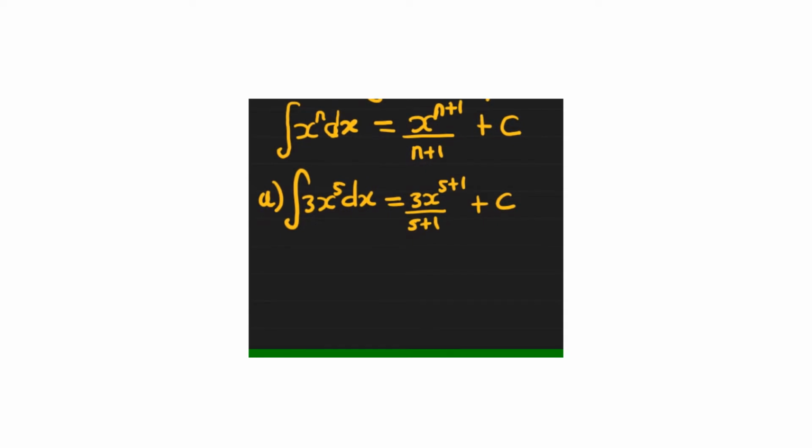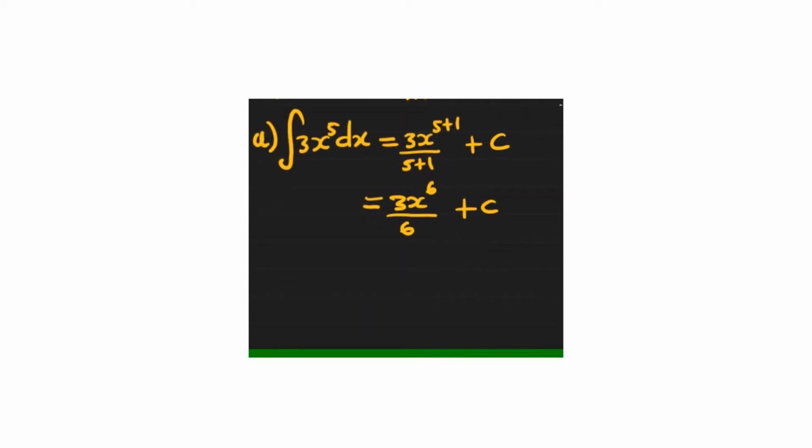In this case that equals 3x to the power 6 all over 6 plus c. Simplifying, it becomes x to the power 6 over 2 plus c, which is my constant of integration. So that becomes the answer here.